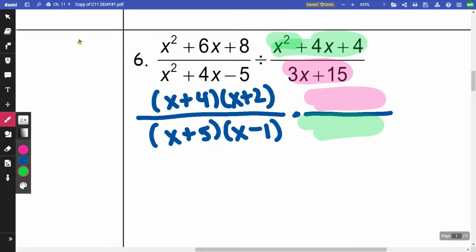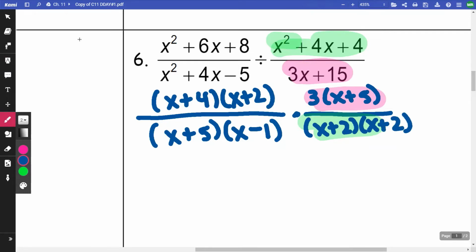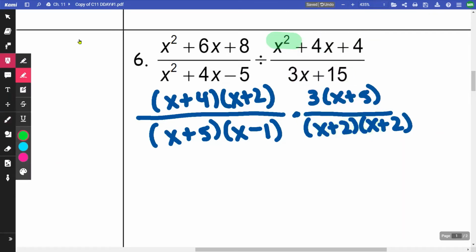Okay, so I'm going to factor this, and I'm going to get a 3 times x plus 5. From the green, I'm going to get an x plus 2 squared, or an x plus 2 times x plus 2. It's probably the easiest way to think about it. Now, I am going to see if I can simplify things from top and bottom.